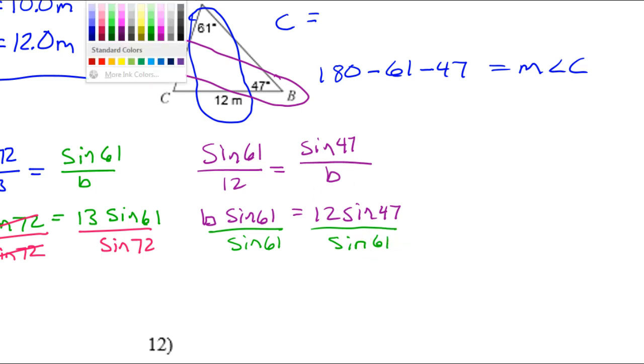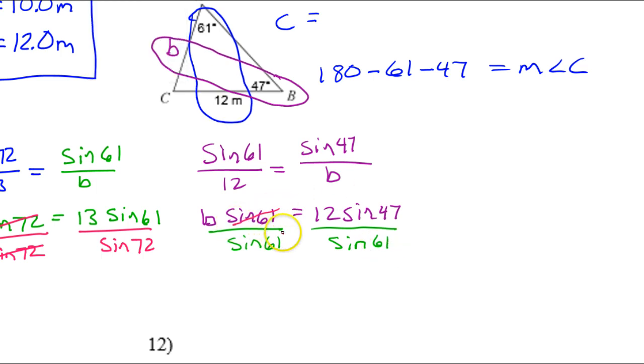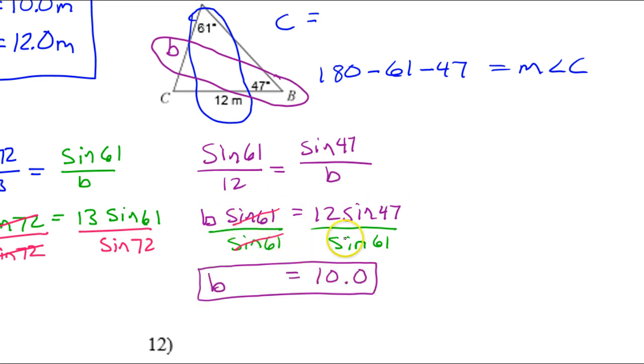All right, so at that point, these cancel out, and I'll just have B by itself. So basically, if I put all of this into my calculator, it's going to give me the value of B. And that came out to be 10.0.